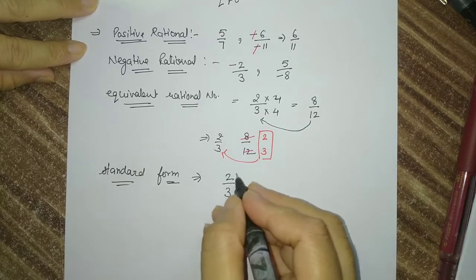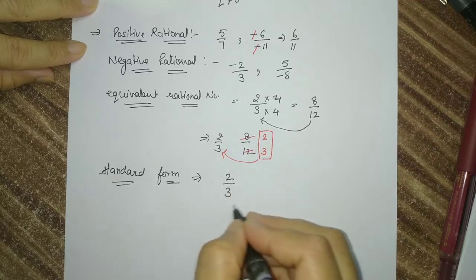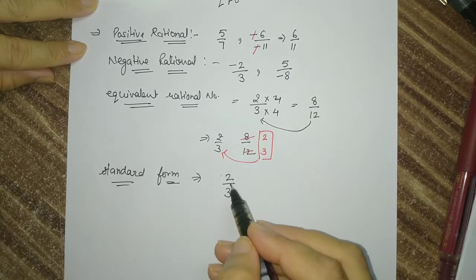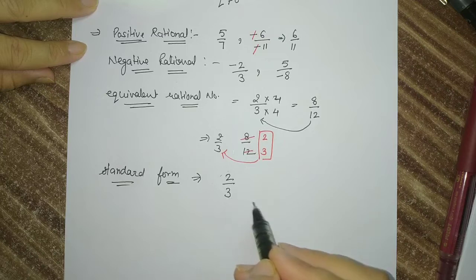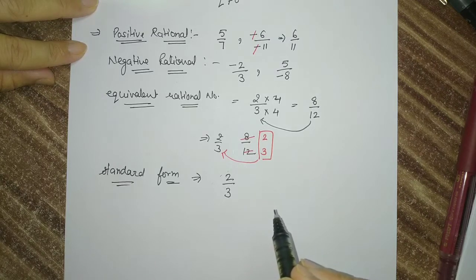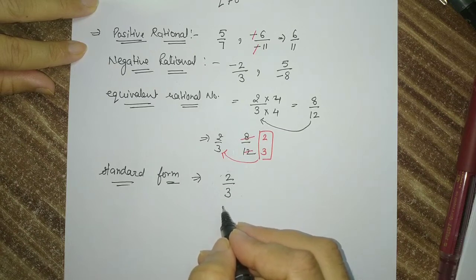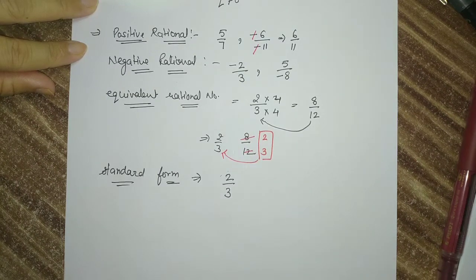How? Here you can observe 2 by 3. 2 by 3 is in standard form. So it's a standard rational number. Why? Because 2 and 3 cannot be divided by any single common number. Okay, so this is said to be standard form.